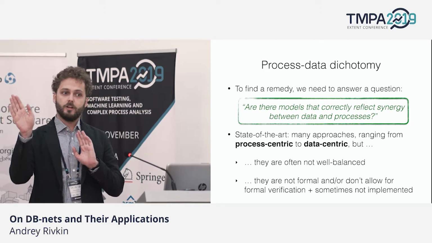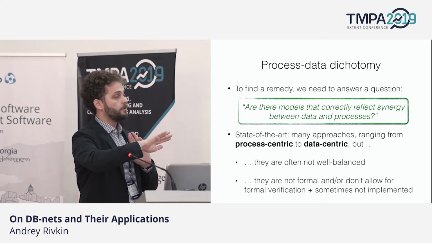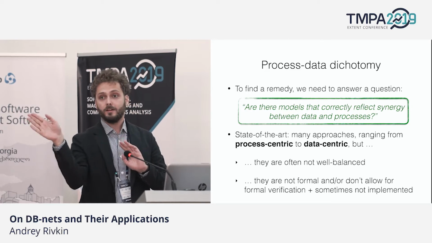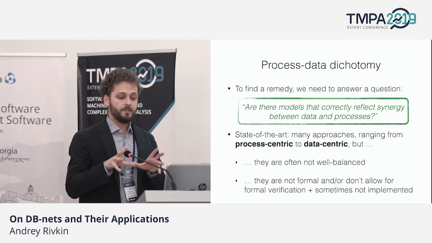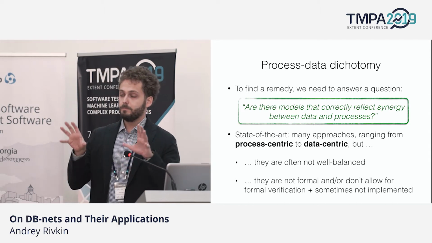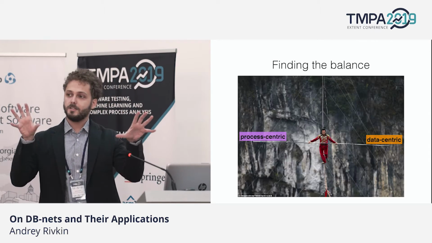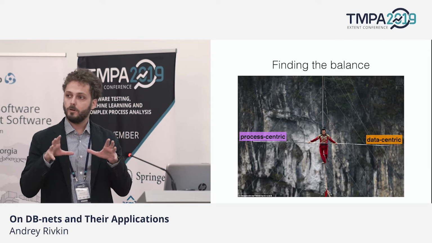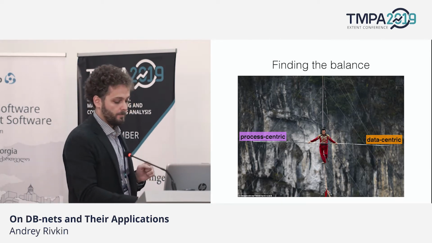They either try to talk more about processes or they try to talk more about data, but never find the equilibrium. And I think finding the equilibrium between addressing processes and data is the paramount of the solution of this problem.